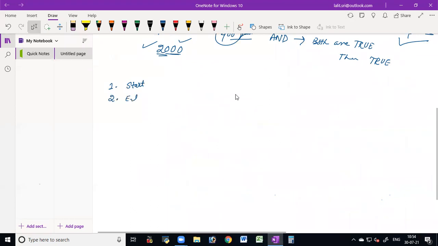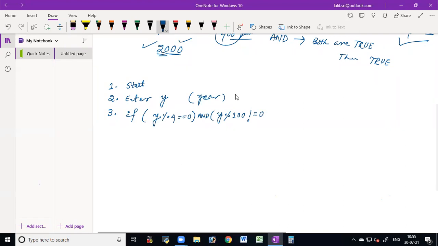Step number 2, enter the year, or enter Y. Step number 3, you got the year, then you can check if Y is divisible by 4 and Y is not divisible by 100, both, or Y is divisible by 400. This is a total one condition.